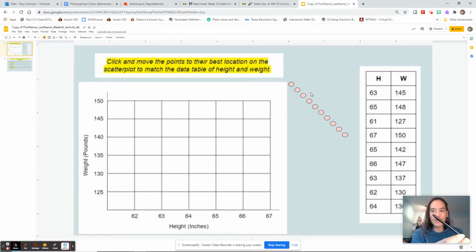For instance, if you have a graph and it starts at the bottom and starts to go up and to the right, if you have that going on your graph, that's a positive correlation, right? As the x gets bigger, the y gets bigger.